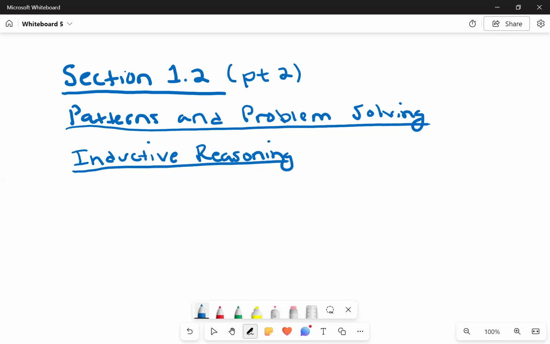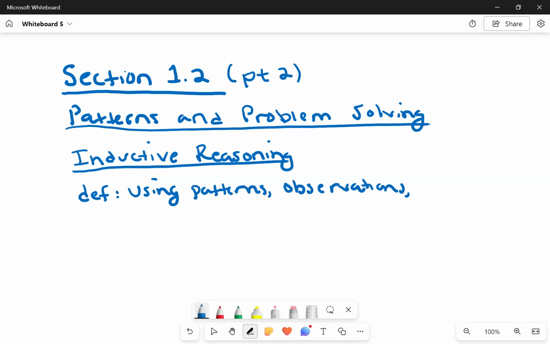Okay, so let me start by defining what inductive reasoning means. Inductive reasoning means you are using patterns, observations, examples, and experiments. So that's like the scientific approach.